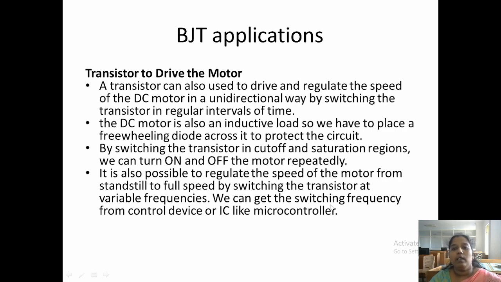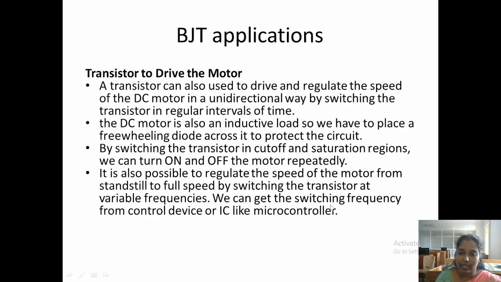In another application, a transistor can drive a motor. A transistor can also be used to drive and regulate the speed of a DC motor in a unidirectional way by switching the transistor at regular intervals of time. The DC motor is also an inductive load, so we have to place a freewheeling diode across it to protect the circuit.